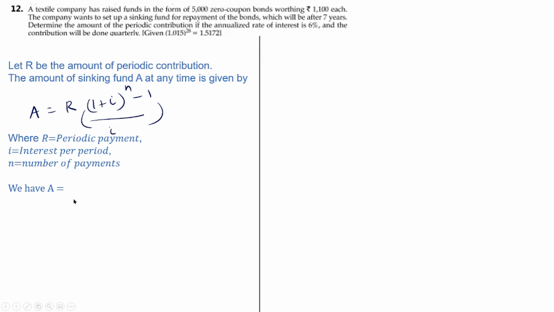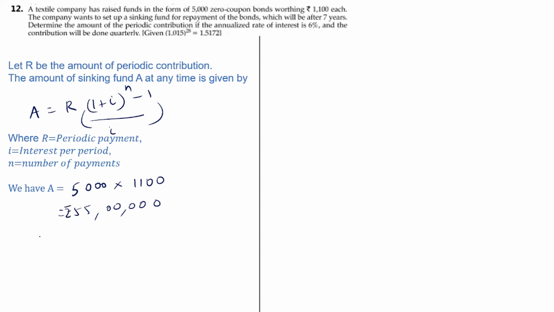So we have A is equal to, so the amount of sinking fund is 5,000 into 1100. So 5000 into 1100. It is 55 followed by 5 zeros. So it is 55 lakhs.